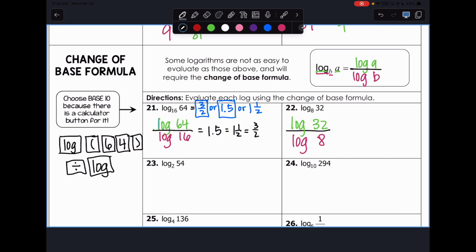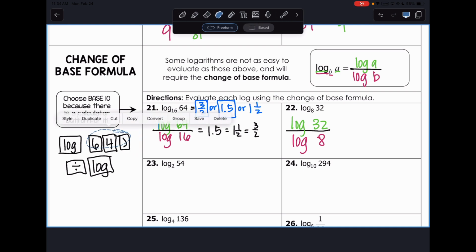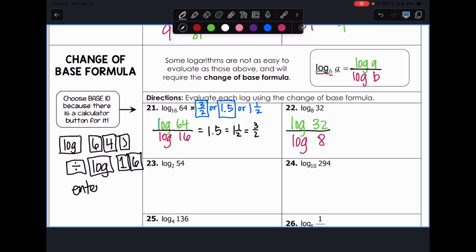And then the parentheses automatically opens. My bad. You don't need that one, right? The parenthesis automatically opens. So you just put in 64 divided by log. Don't delete it. Just leave it as it is. 16. And then hit enter. You don't have to close that unless you really want to. And you should get 1.5.